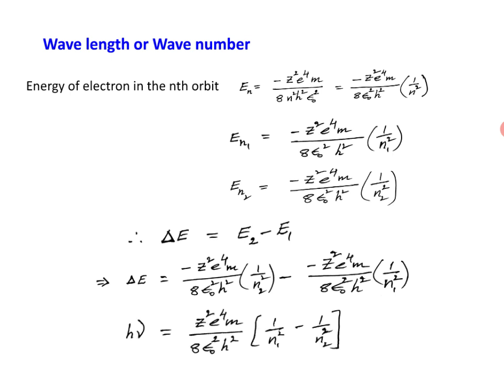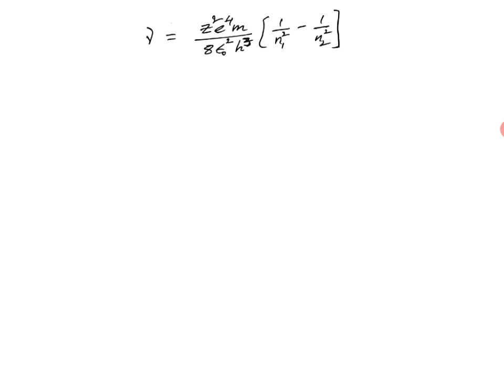So then the resultant, if you take Z square e^4 m by 8 epsilon naught square h square common, the second term is 1 by n1 square, the first term minus 1 by n2 square. Now we want the wavelength. For that purpose, first identify the frequency. For that, shift h to the other side.